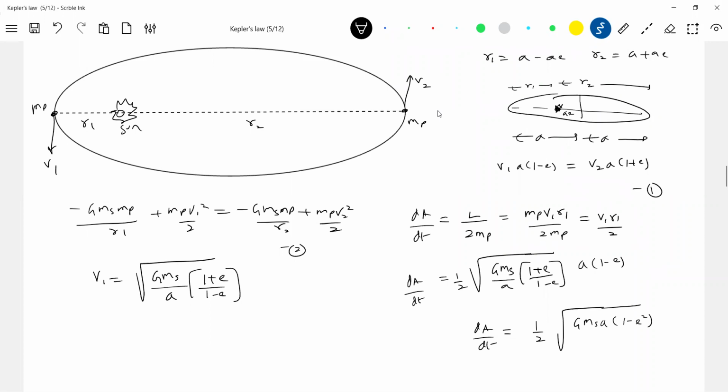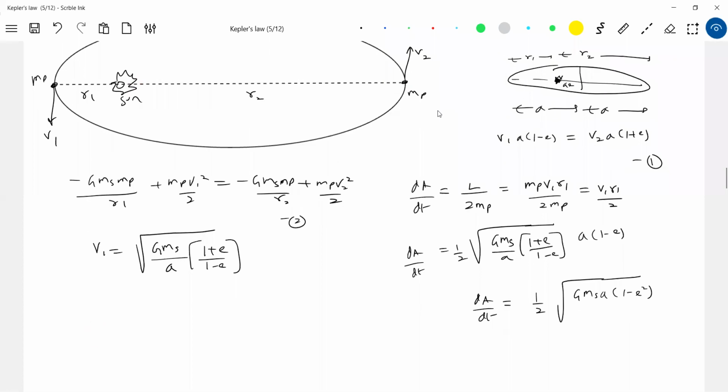Okay, let's come to the time period of revolution. What do you mean by time period of revolution? How much time the planet will take to go around once? Means it will start from here. How much time it will take to go around once? It is a periodic motion, so therefore I'm interested in time period here. So this time period of revolution we can find out now.